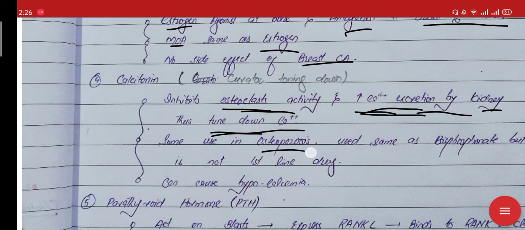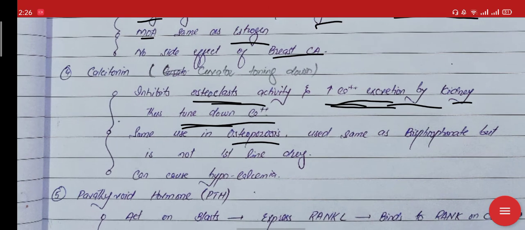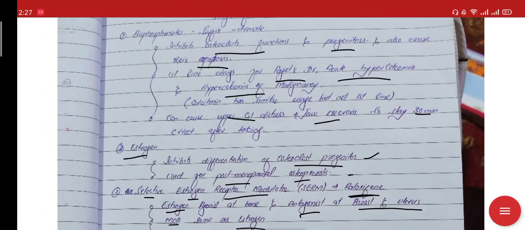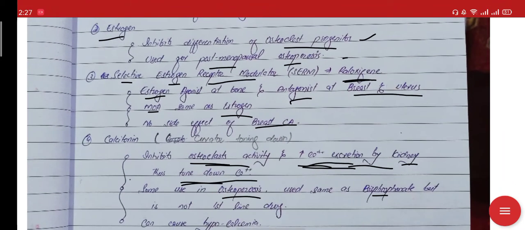It is of some use in osteoporosis, and moreover it has the same uses as the bisphosphonates, but the bisphosphonates are the first line drugs. So it can be used where the bisphosphonates are used, such as Paget disease, acute hypercalcemia, and hypercalcemia of malignancy.